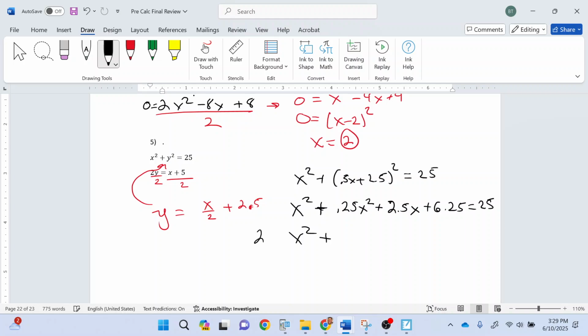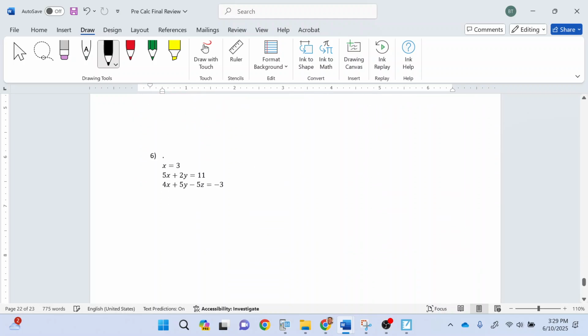So it's going to be 2.25x squared plus 2.5x. I'm going to subtract 25 on both sides equals... you know what? You're not going to do a problem like this. Forget it. I don't feel like working too hard.